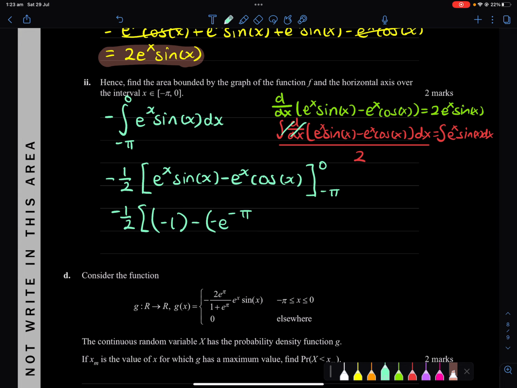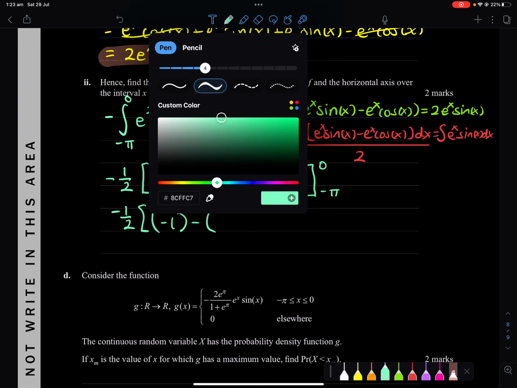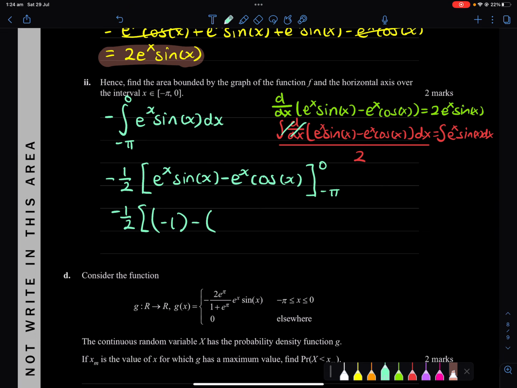What's sine pi? It's just 0, so that cancels anyway. So minus, if I put e^(-pi), what's cos of negative pi, which is the same as cos pi? Cos pi is just -1.